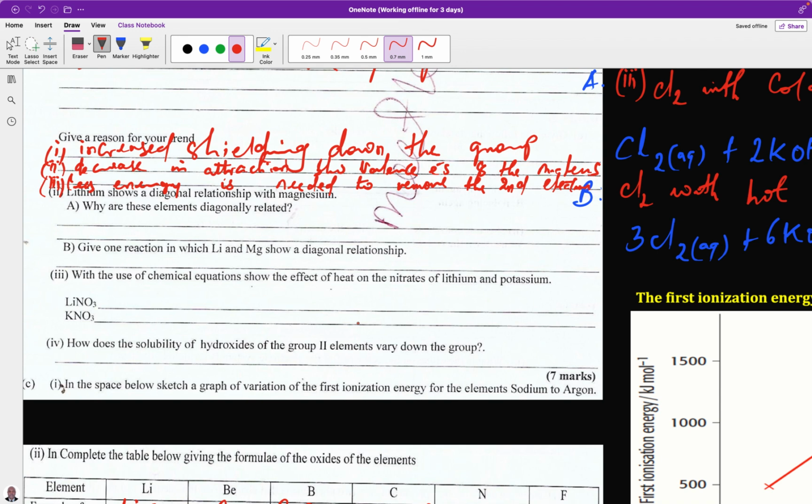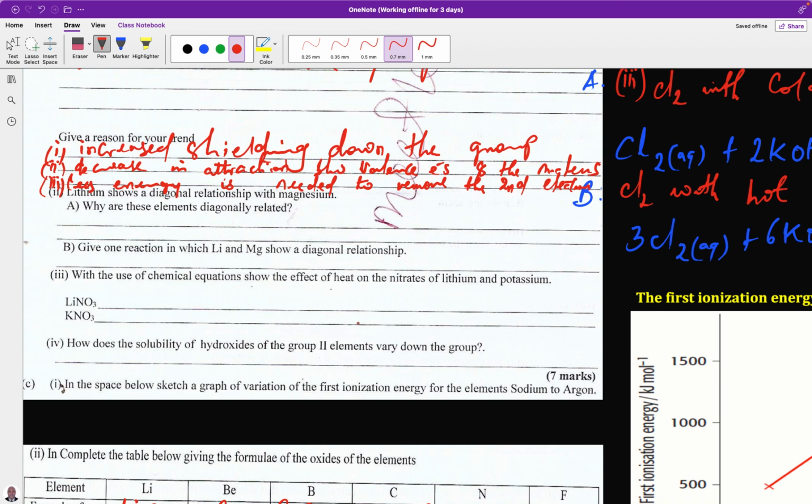They have almost similar ionic sizes. So that is one of the reasons. They have almost identical ionic size, and that can be shown in their chemical activity.